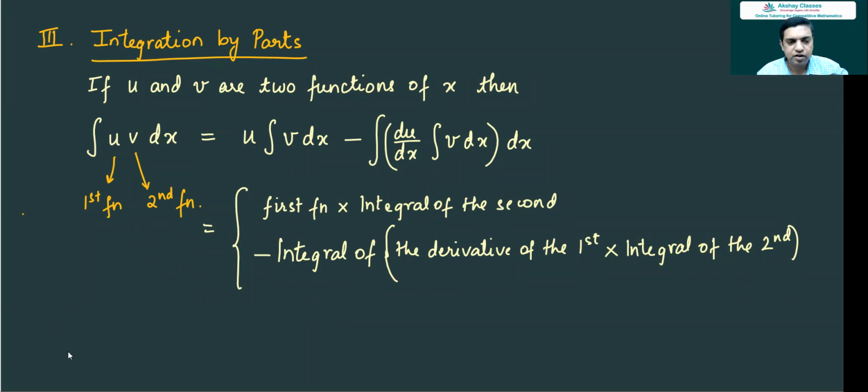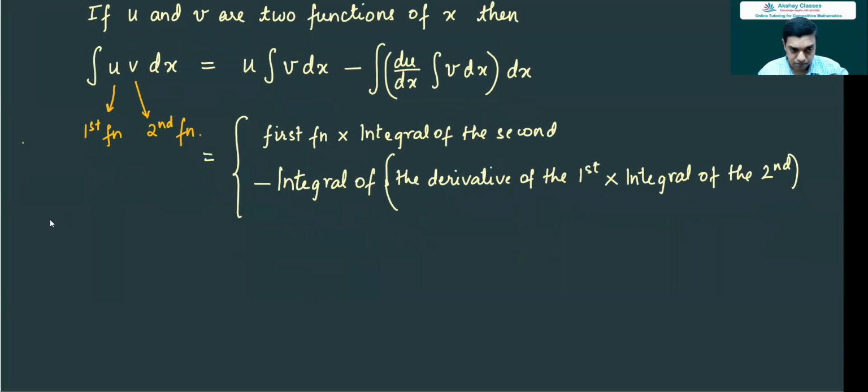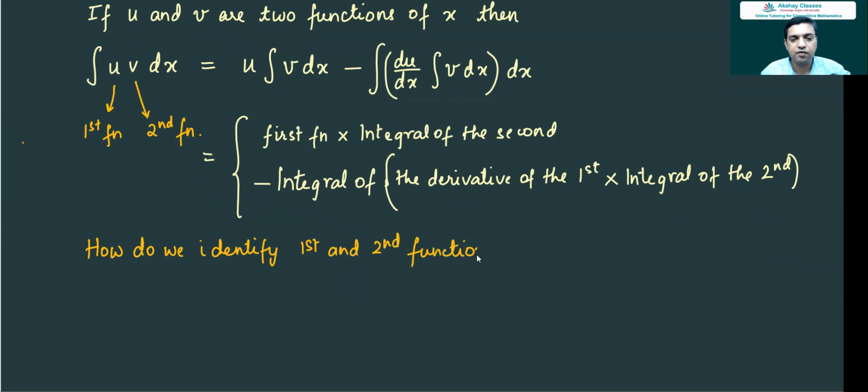Now, if there is a product, how do we identify the first and second functions?